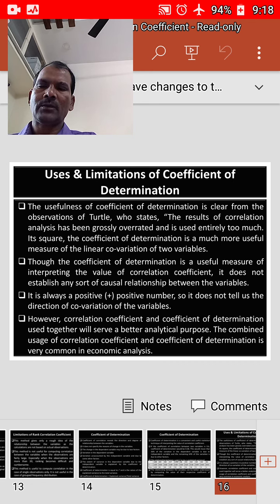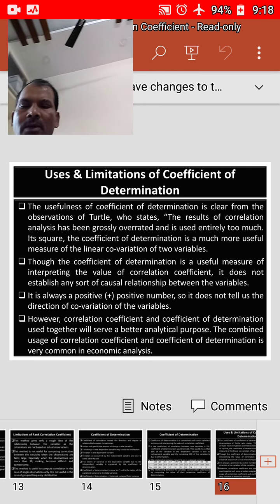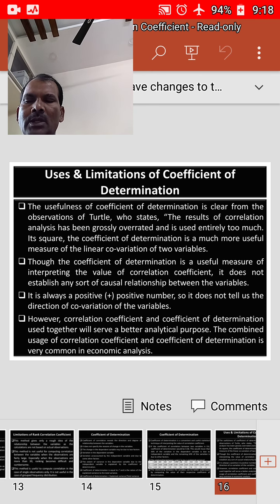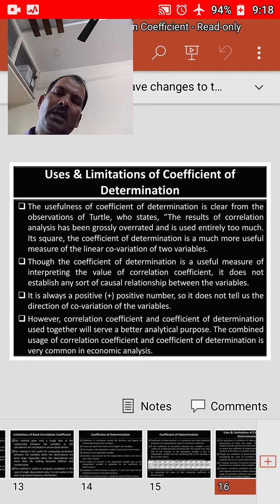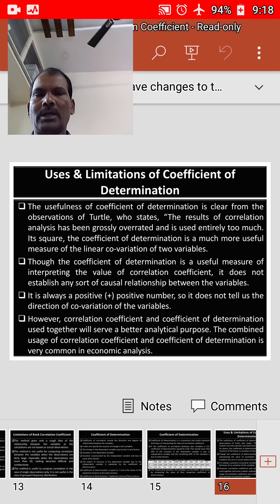Another limitation of coefficient of determination is that it is always a positive number, thus it does not tell us the direction of covariation of the variables, right? However, correlation coefficient and coefficient of determination used together will serve a better analytical purpose. The combined usage of correlation coefficient and the coefficient of determination is very common in economic analysis, right?